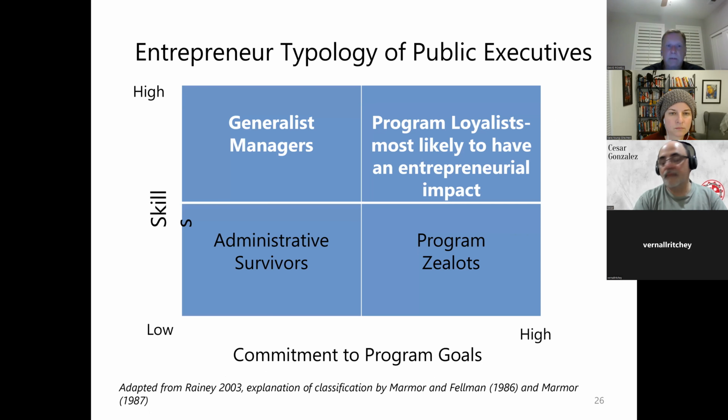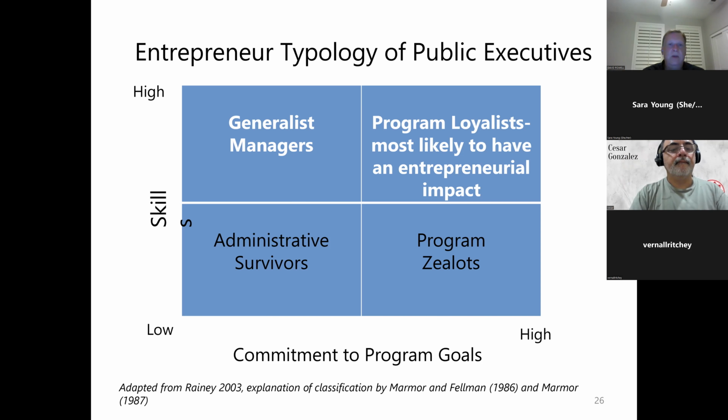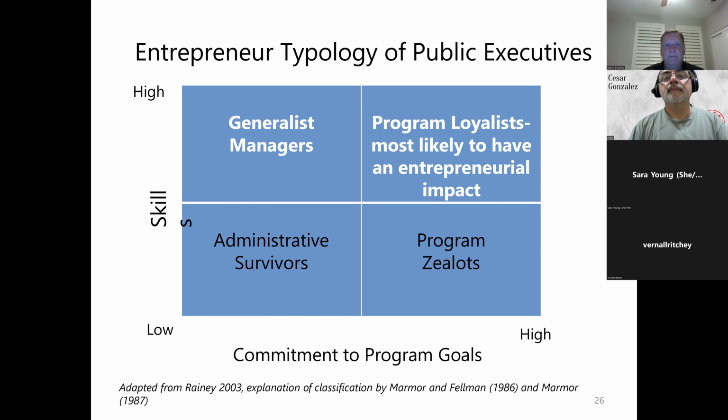If you have a leader who doesn't have a lot of skills and is not terribly committed to the goals of the program or the organization, those are the leaders that are usually considered to be administrative survivors. They're just there to try and survive on a daily basis. They're not looking to make any major changes. They're collecting their paycheck. They're trying to keep the trains running on time. That's essentially it. But they really can't do a good job of making the trains run on time because they don't really have the skills to be able to do it.